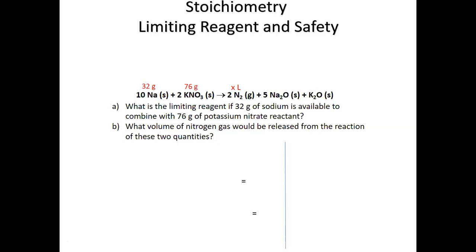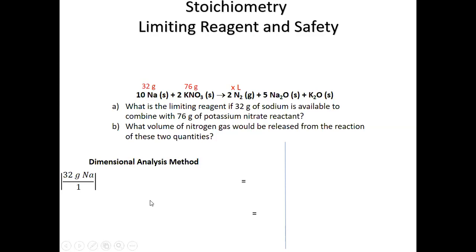Once we've done that, we'll have a very simple strategy for knowing which of these is the limiting reagent. So let's get started. We're going to start with our dimensional analysis method. We write down the given quantity. Again, let's start only with our sodium. We'll later go back to this potassium nitrate. So we're interested in how many liters of nitrogen 32 grams of sodium could produce.